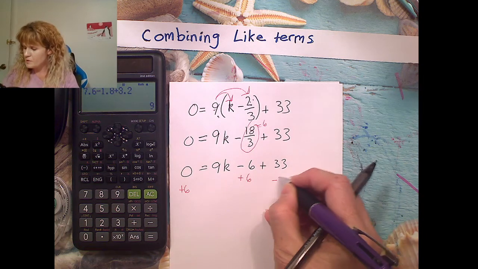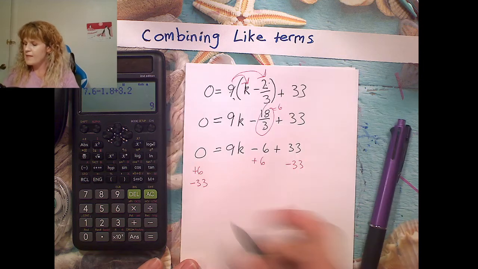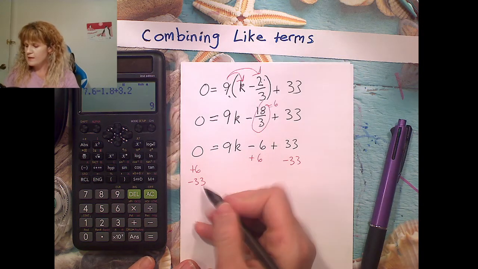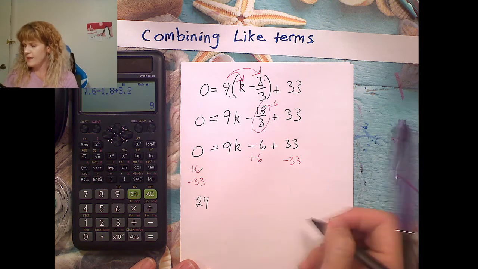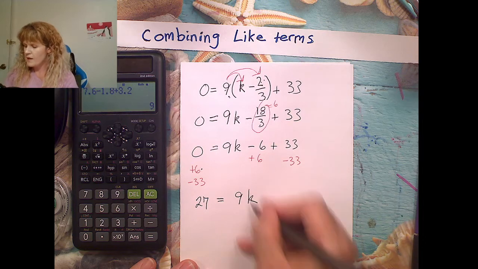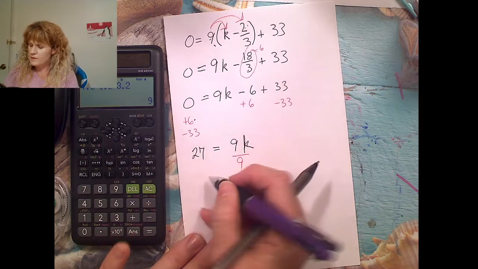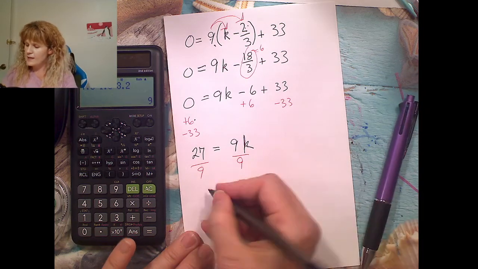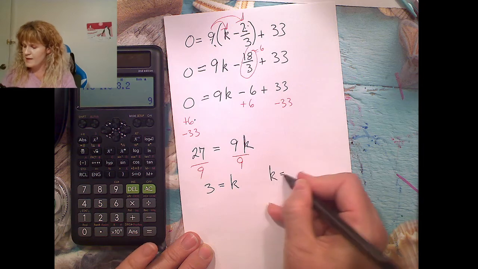And I'm going to subtract 33 from both sides. Then I'm left with negative 33 plus 6 is negative 27... equals 9k. And that's easy. Just divide by 9. And I get 3 equals k, or k equals 3.